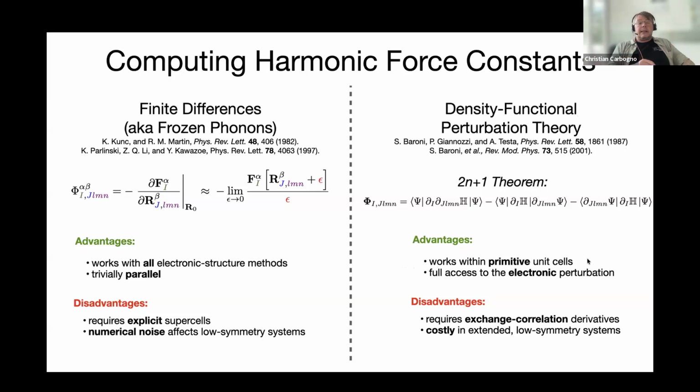But on the other hand, you have to do individual q points, and you get a lot of information because you really get full access to the electronic perturbation, not just to the Hessian as is the case for finite differences. The disadvantage is that it requires quite some work in implementing it, especially if you go to more advanced exchange-correlation functionals, because then you have to do the derivatives of those as well.